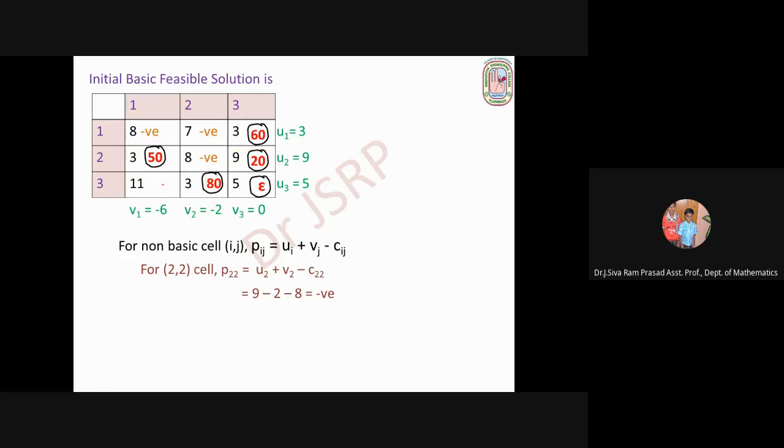Next, for this 3 1 cell, the corresponding U value U3 plus V1 minus the cost 11. So 5 minus 6 minus 11. Clearly it is negative.